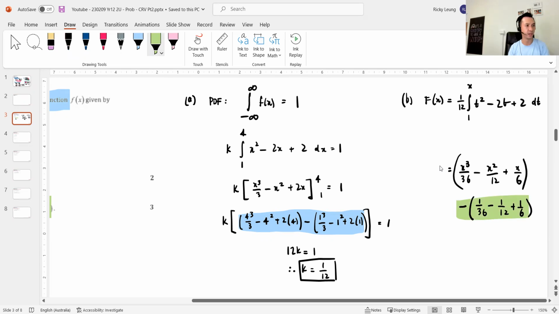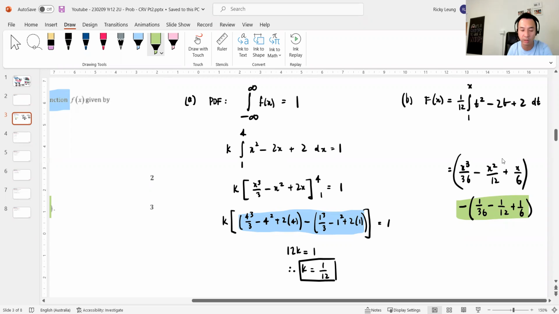I'm hoping there's like a quarter. Let's have a look. So just make sure: 1 on 36 minus 1 on 12 plus 1 on 6, 1 on 9. Did I integrate that right?